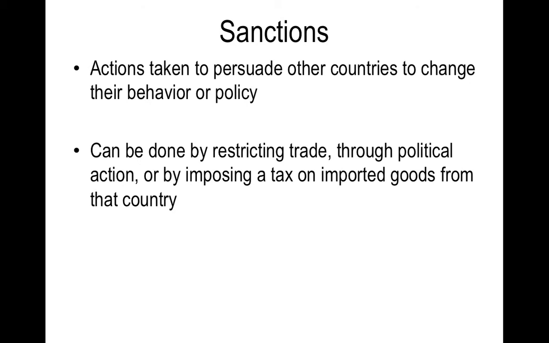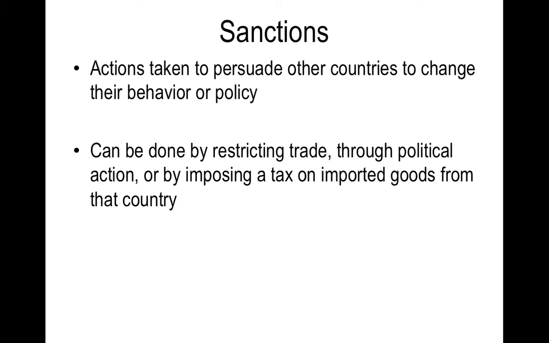So one of our ways of getting someone to do what we want is either we can send our troops in there or we can take them out. Maybe we're going to impose a tax on goods that come to the United States from that country. If we impose a tax, that means they're not going to get as much money from selling their goods to the United States. It's not very cool.